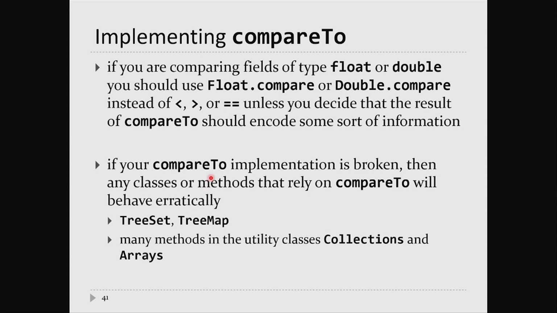So if you provide an object that has a bad implementation of compareTo, suddenly TreeSet and TreeMap can't satisfy their contracts. Similarly, any method that relies on sorting or having a sorted collection, suddenly those methods stop working as well. So for example, binary search will compare two objects. How does it do it?